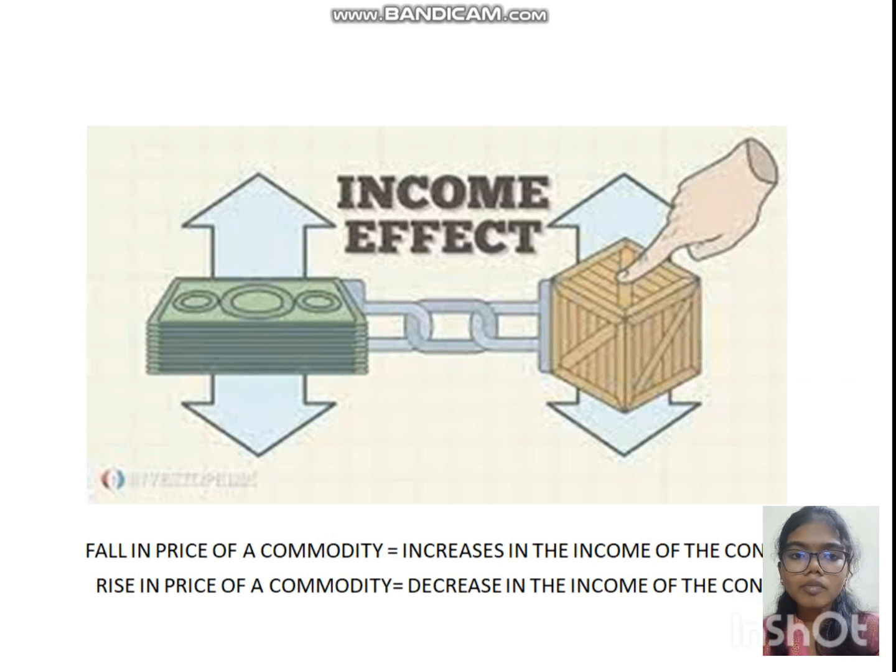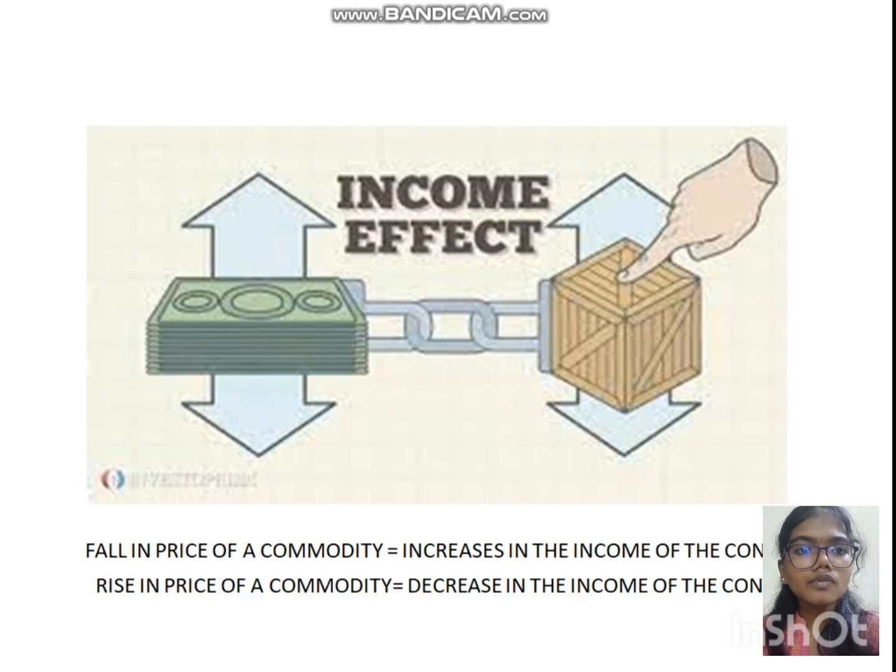When there is a fall in the price of a commodity, the consumer no longer wants to spend the same amount which he spent earlier for buying a quantity of the commodity. Thus, he can save some money for buying an additional unit of the same commodity or for buying some other commodity.